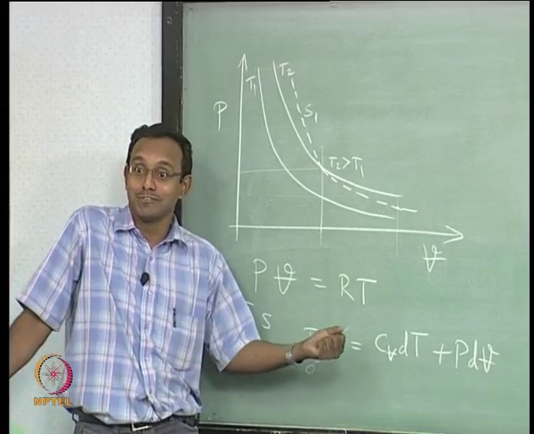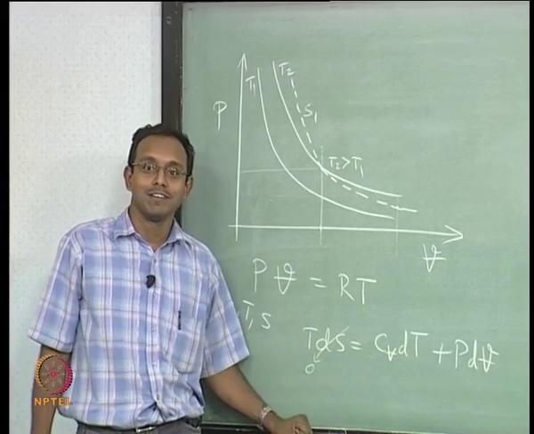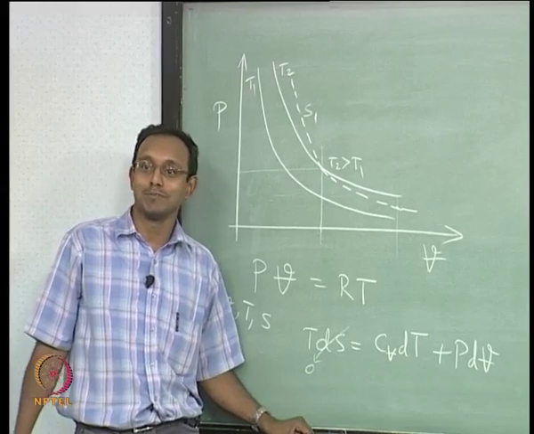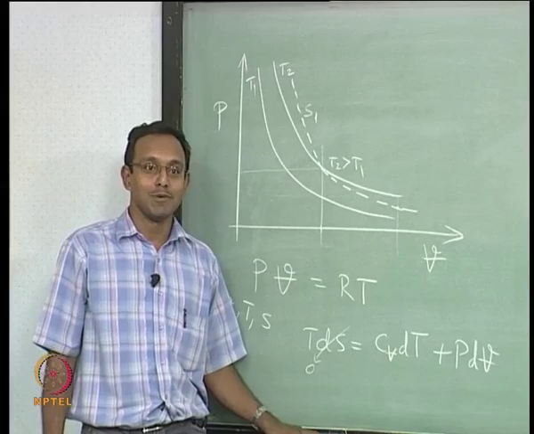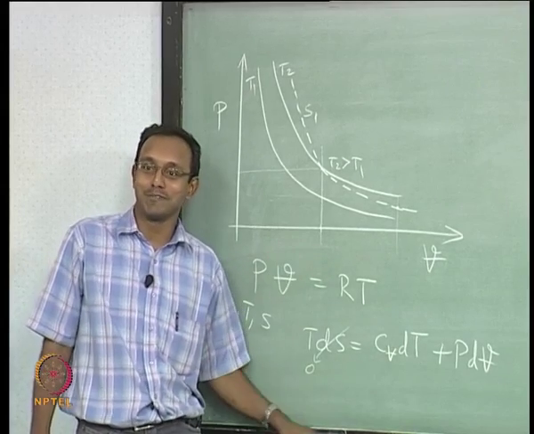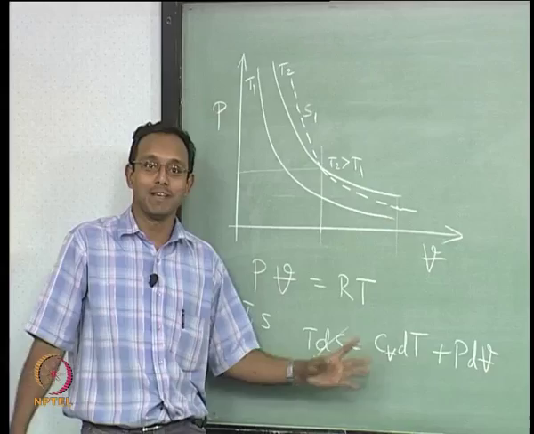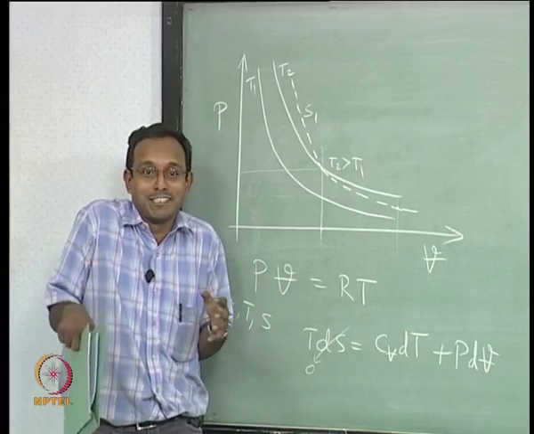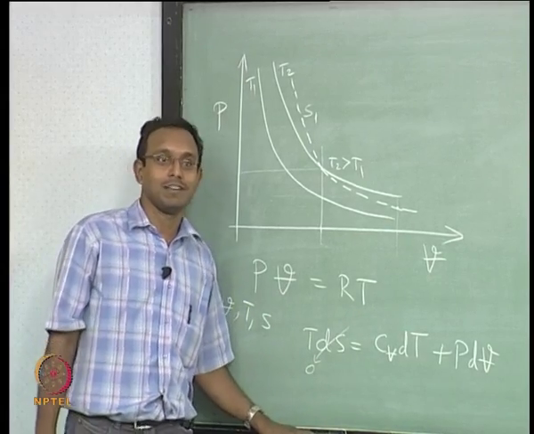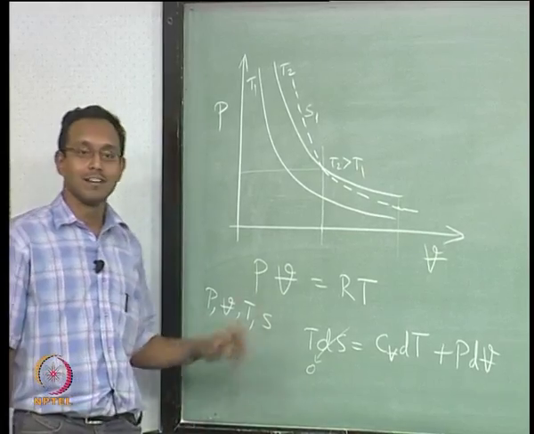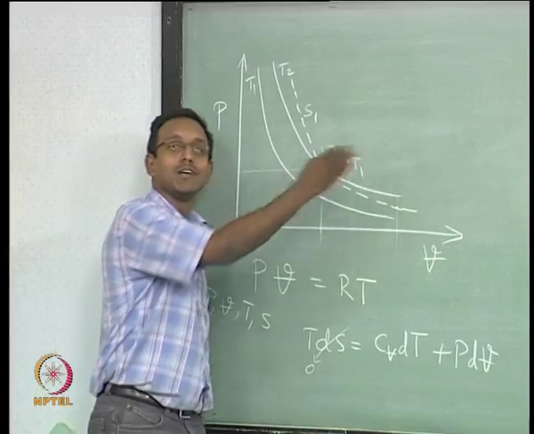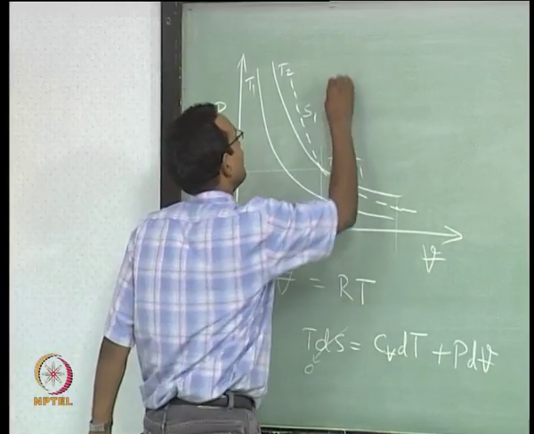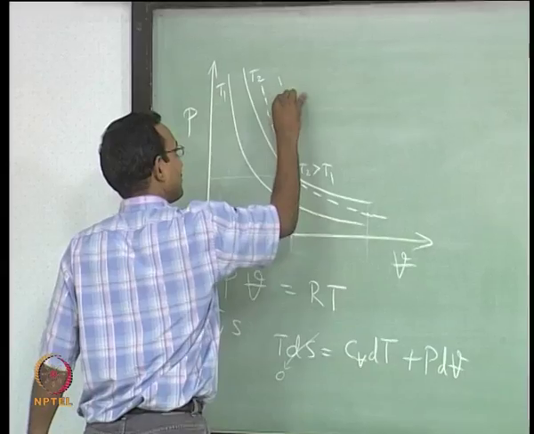There is more space for molecules to move around, which means there is more disorder possible. You said entropy is related to disorder. Molecules are more happy if you think about it that way. They have more space, they are not constrained inside a smaller volume. So entropy will be higher if I increase volume. So moving to the right, entropy increases. The next curve will look like this.